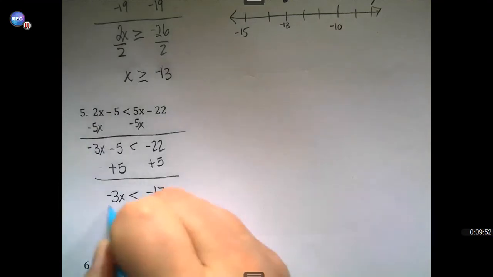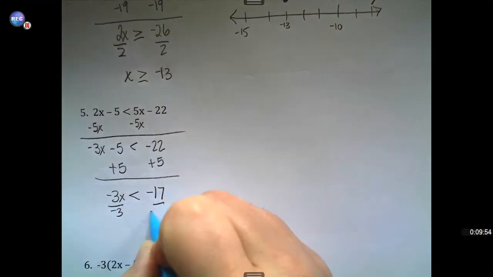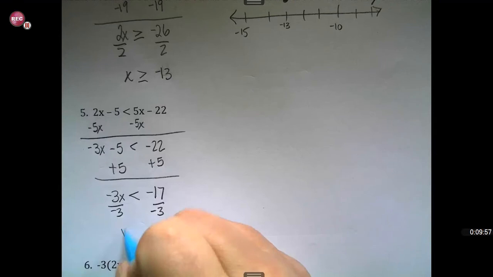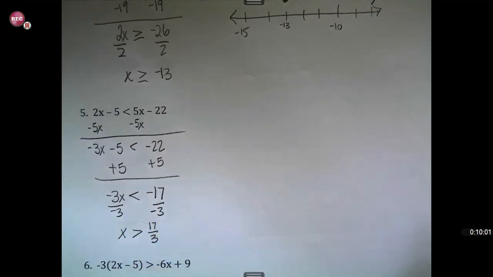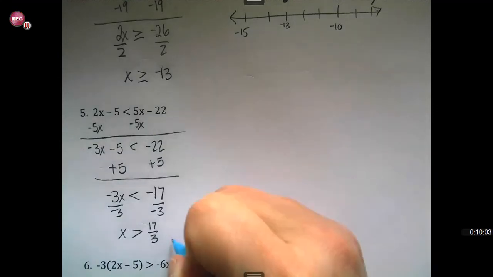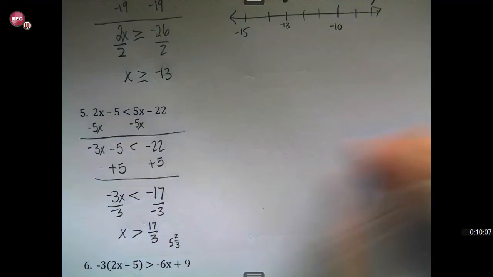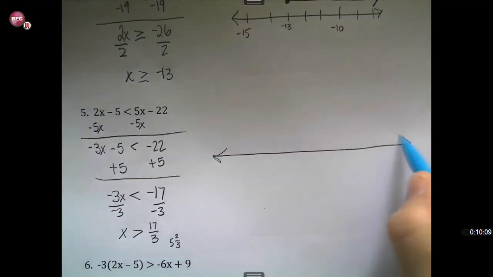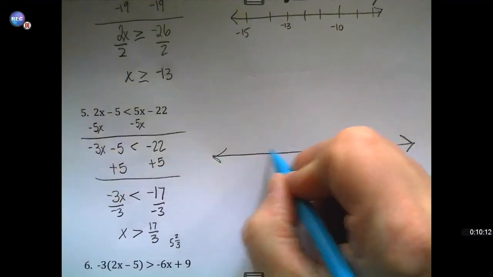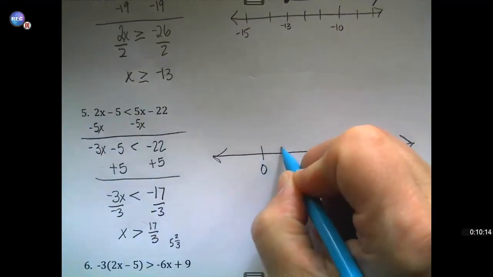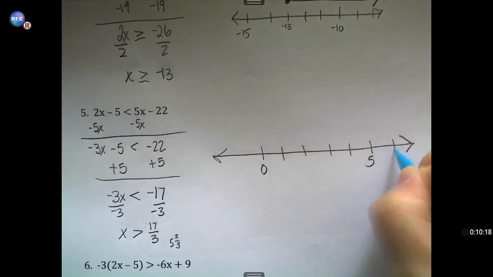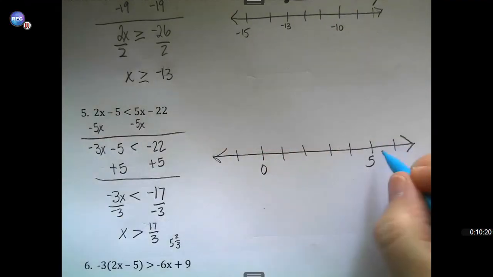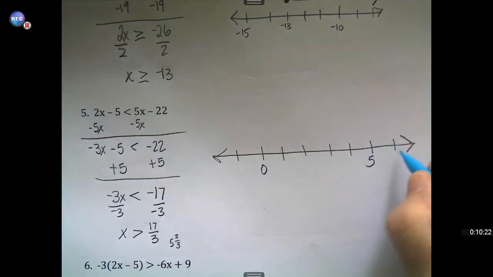Then divide by negative 3. I get that x is greater than 17 thirds, which is 5 2/3. So a number line like this, and I'll put 5 and 6 here, and 5 2/3.